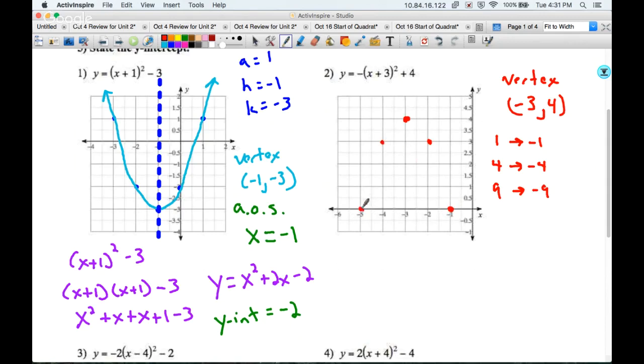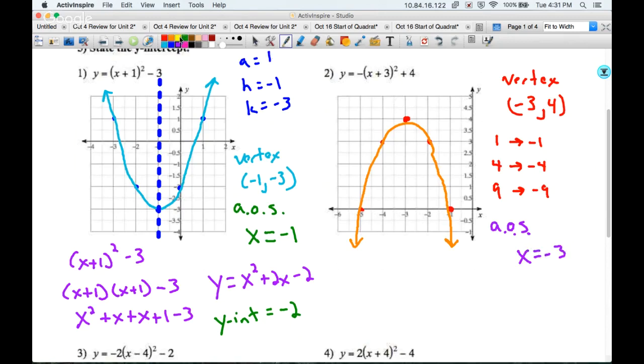Let's make that symmetrical. Connect those up. All right, our axis of symmetry is a vertical line that would go through the vertex. So we'll say the axis of symmetry is x equals -3.